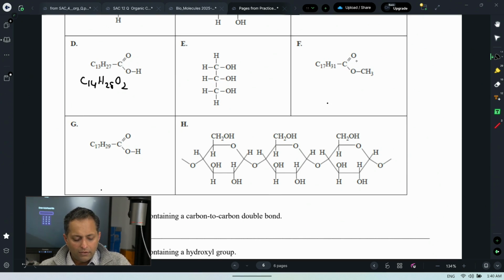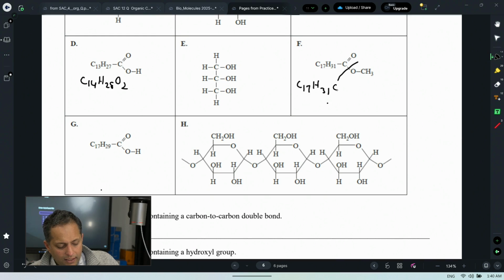So in order to do that, let's hydrolyze this ester because we need to get the fatty acid and the alcohol. When you get the fatty acid, it has to be C17H31 here, then CO and OH, right? That's the fatty acid part.